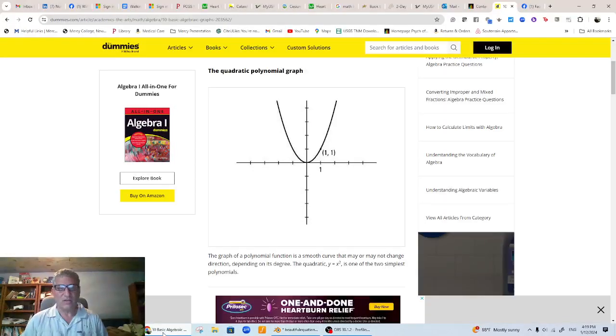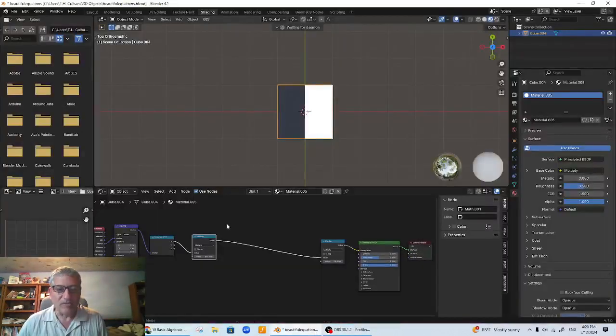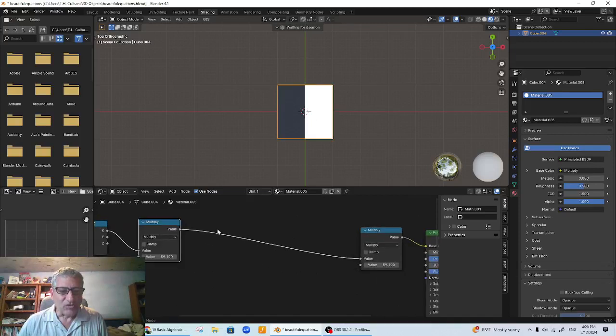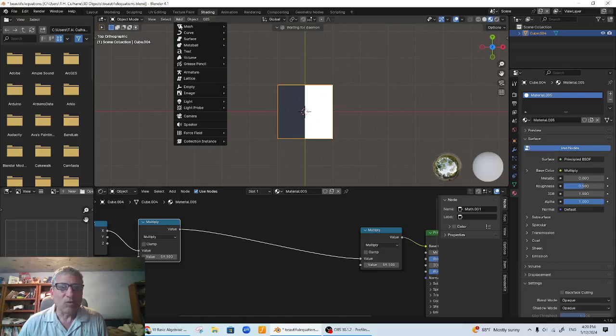And our equation here is y equals x squared, one of the two simplest polynomials. It may or may not change direction depending on its degree. Great to know. It's just for dummies, so this is definitely for me. I'm learning how to be a dummy. So again, adding a grease pencil, or you know what?